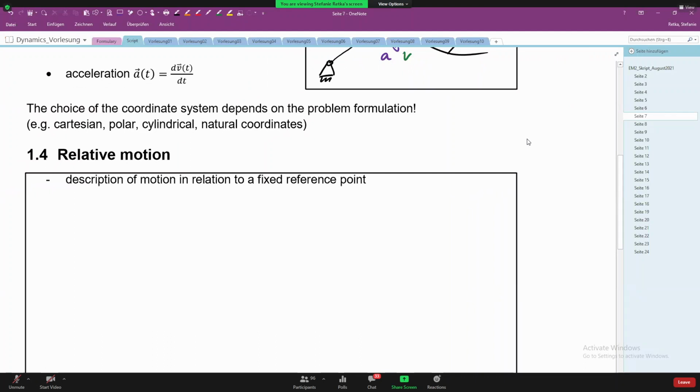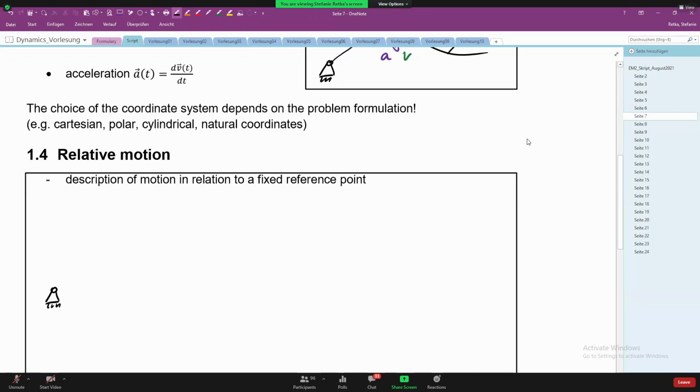So now let's describe a point performing a general motion. For this, let's assume we have a robot arm. So two rods that are connected by a joint and then fixed somewhere.